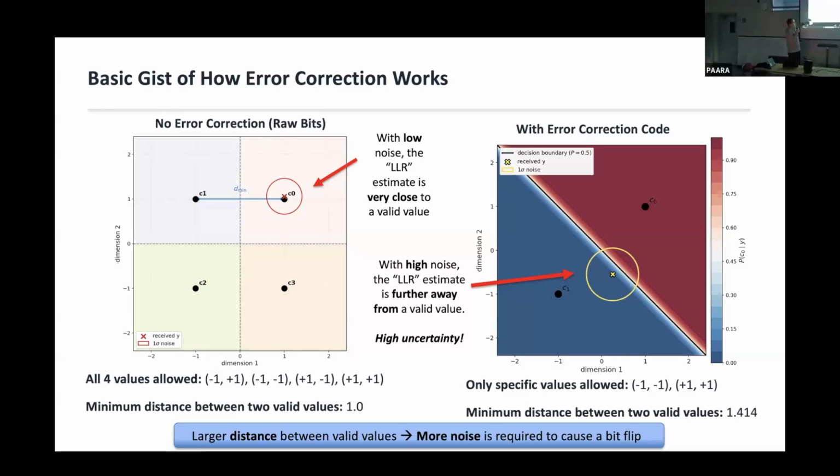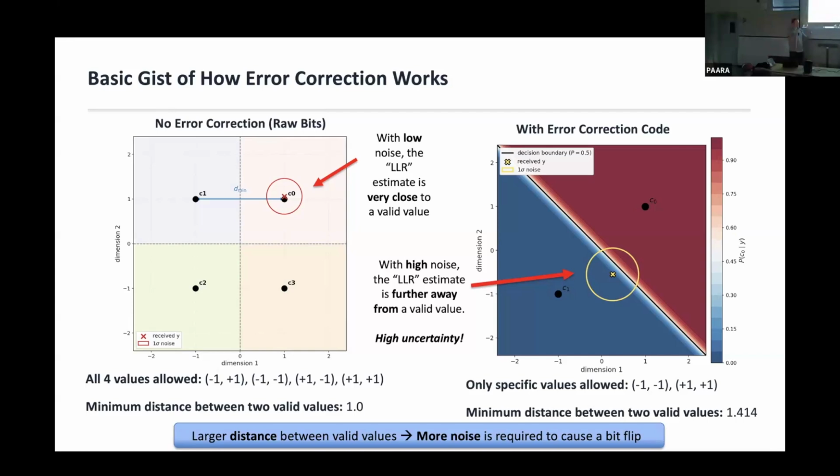When you use an error correction code, you're trading off. I can't use as many bits for information, but what I'm going to try to do is make the distance between the points that I do allow as valid values larger. And the larger the distance is, the better the error correction can work.